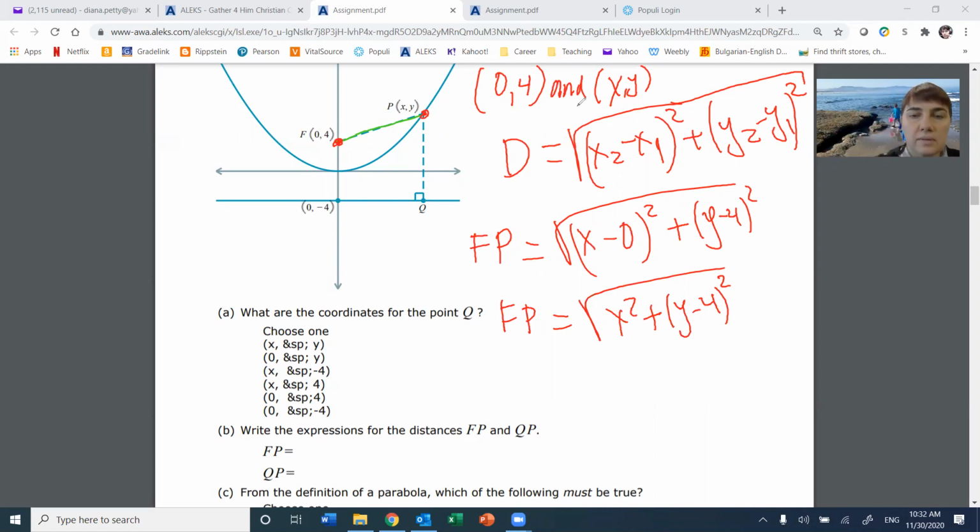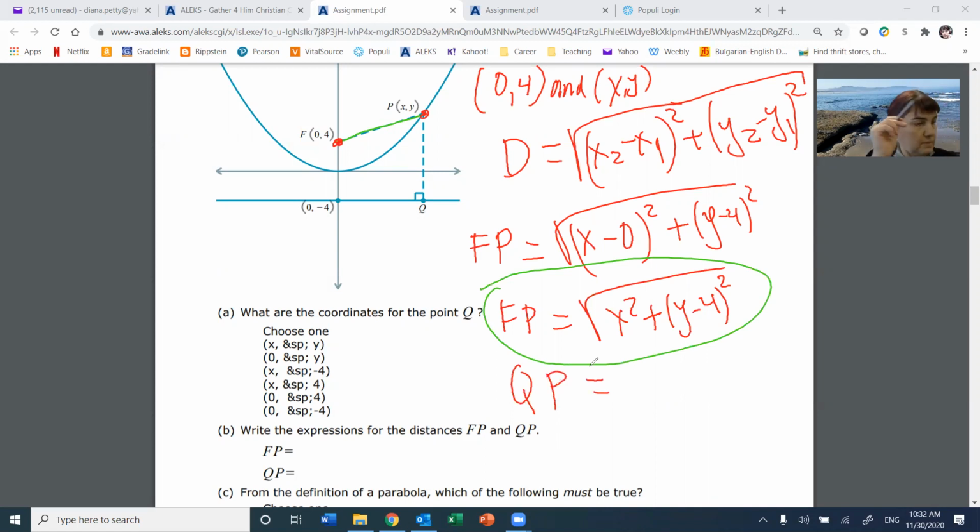Now see if you can find QP. The only difference is now we have the point Q, which has coordinates of x and -4, right?